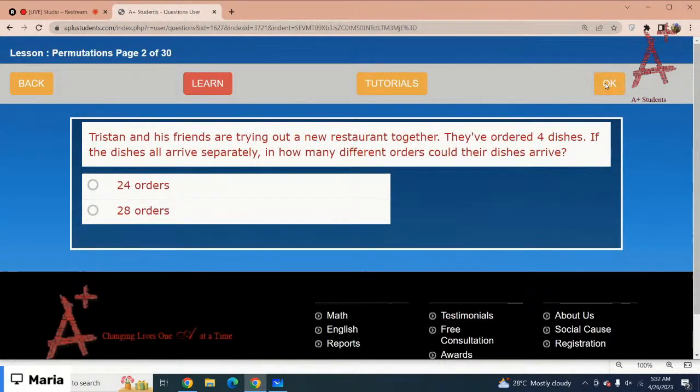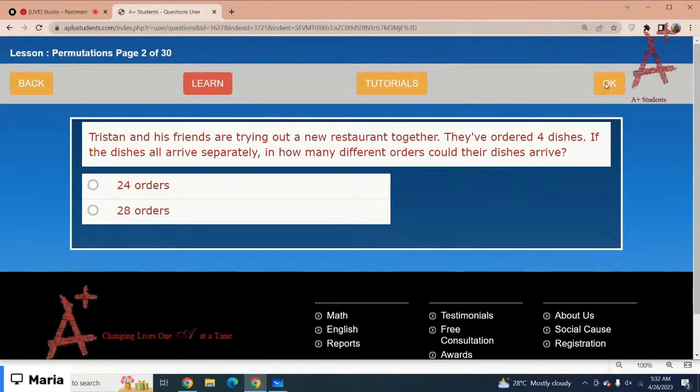Tristan and his friends are trying out a new restaurant together. They have ordered 4 dishes. If the dishes all arrive separately, in how many different orders could their dishes arrive? So 4 dishes means you have to calculate 4 factorial.